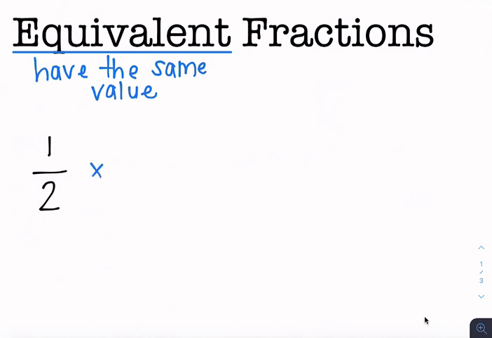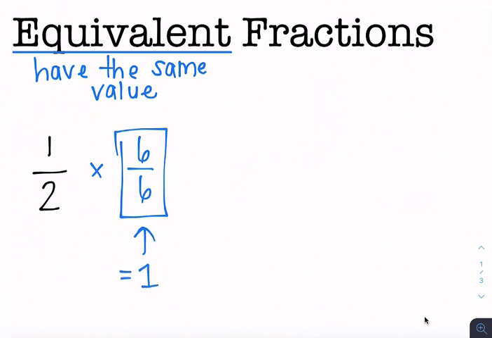So if I multiply 1/2 by 1, I get 1/2. But this time, I want to use a different way to represent 1. So I am going to instead multiply by 6/6. And this really is equal to 1 whole.